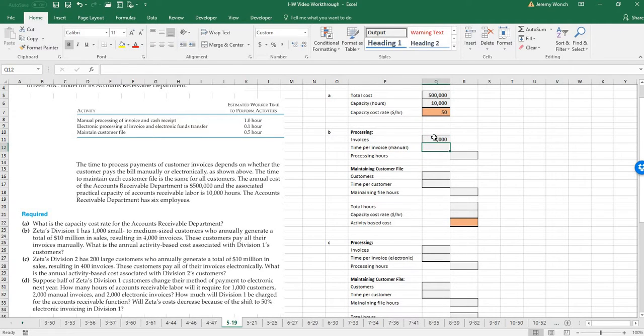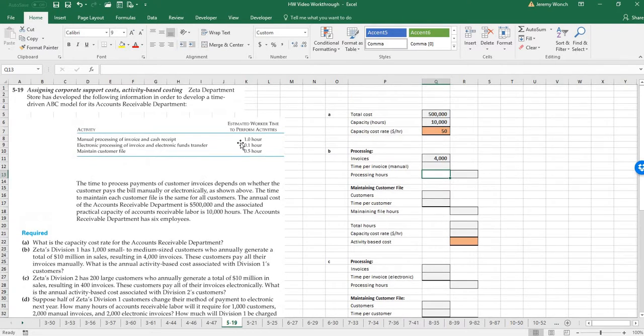It says that they generate roughly 4,000 invoices. If we go over to our table, since they're doing them all manually, it takes them 1 hour to process these. So the total processing time is 4,000 times our hour, so 4,000 hours of processing. Then the next activity is maintaining the customer file.